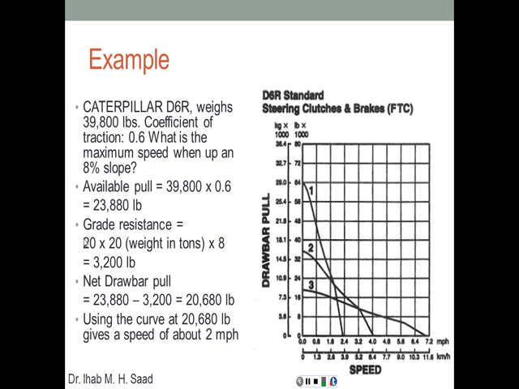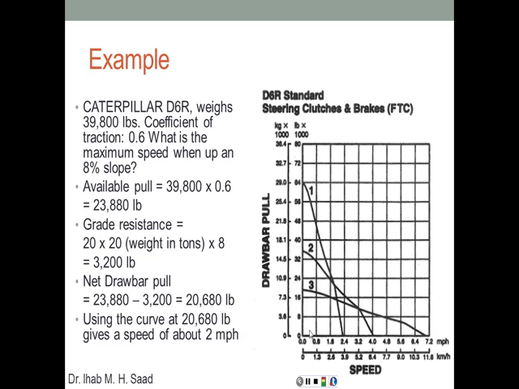So 20 pounds per ton times 20 tons times 8%, the slope, gives 3,200 pounds. That's the grade resistance. So the net drawbar pull that we want is going to be 23,880, the available, minus 3,200, the resistance, which gives 20,680 pounds. That's the available drawbar pull.